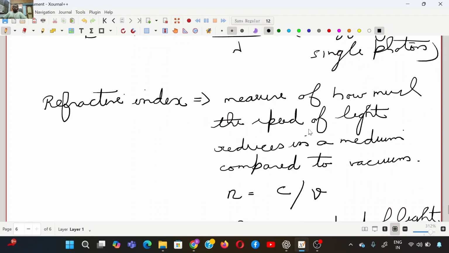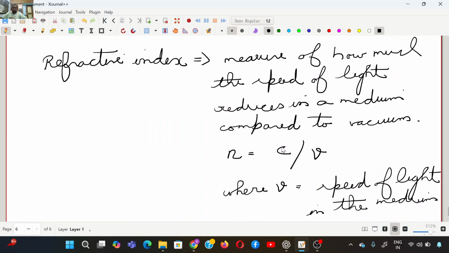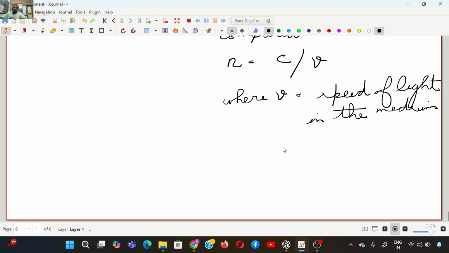Refractive index is a measure of how much the speed of light reduces in a medium compared to vacuum. It's given by n = c/v, where velocity v is lambda into frequency.